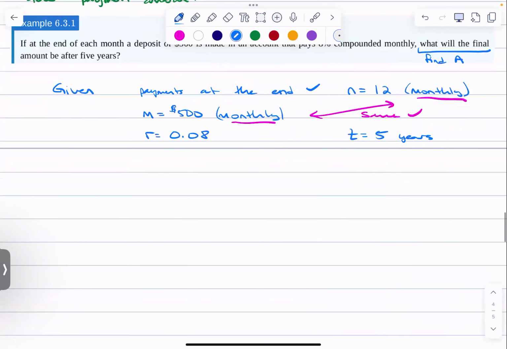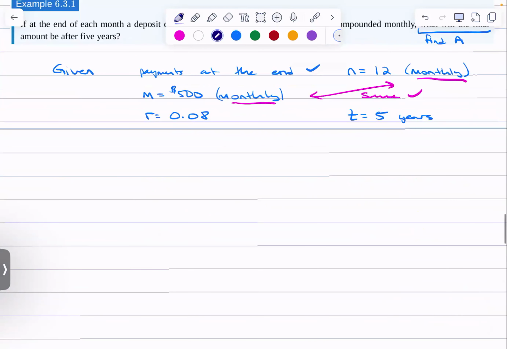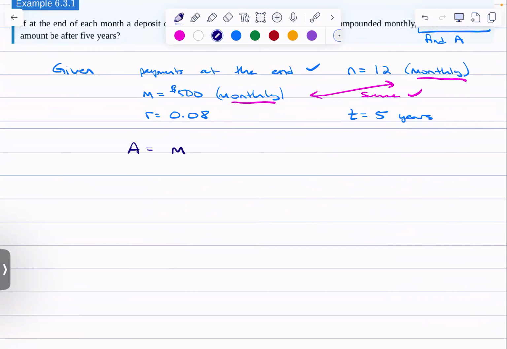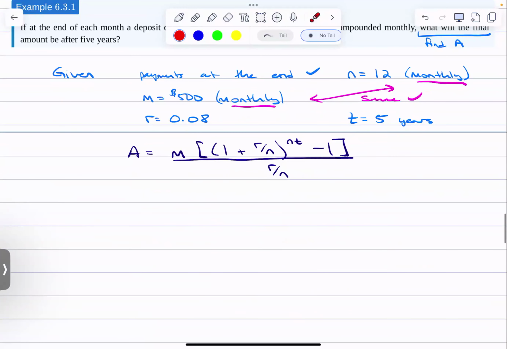Let's solve this thing. We've got A equals M times, let's see if I can remember, 1 plus R over N to the N times T minus 1 over R over N. Nailed it.